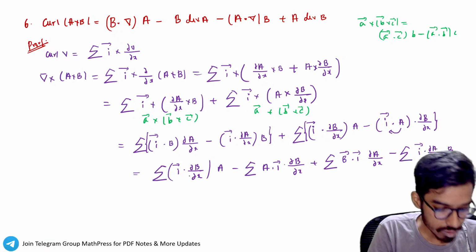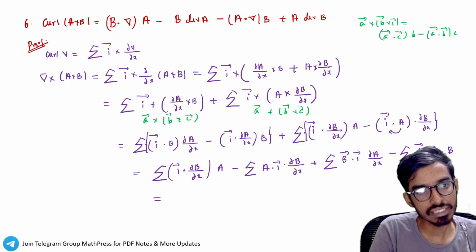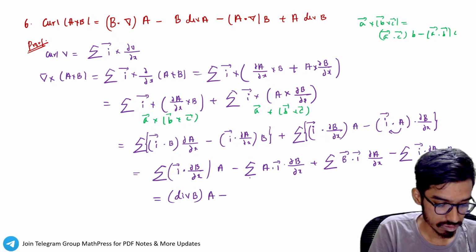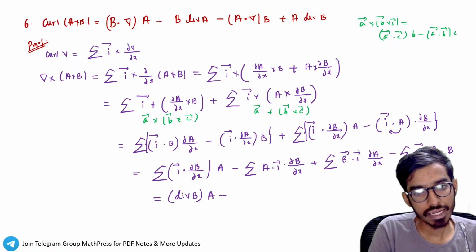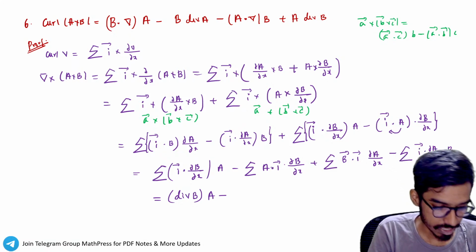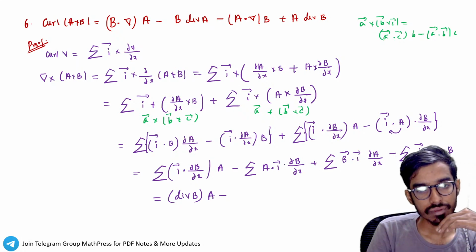What is i dot dou B by dou x? This is nothing but divergence of B, so this is divergence of B into A minus divergence of B into A. And what about A dot i dou B by dou x? Now remember, whenever you have a vector A, B, you don't need to write that in summation, right?